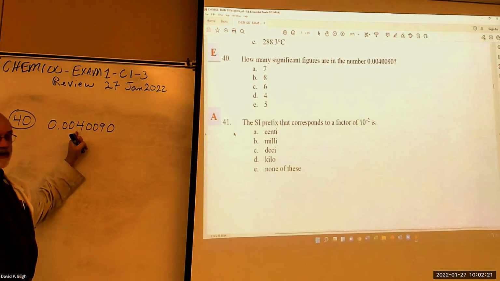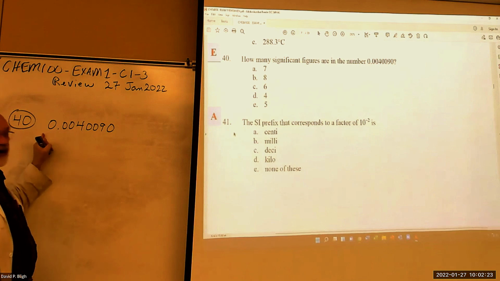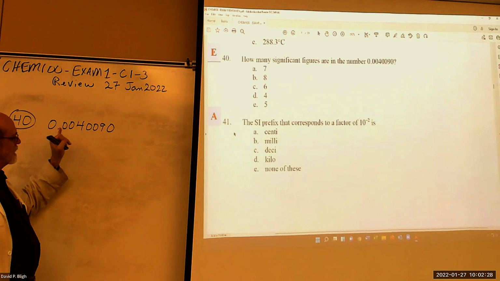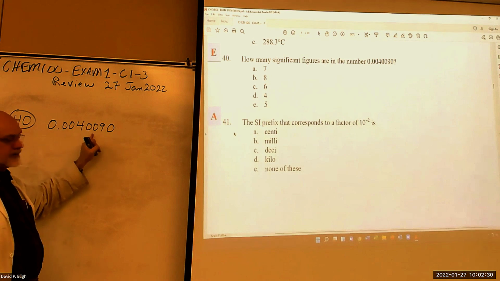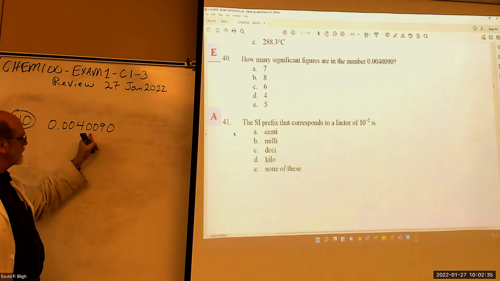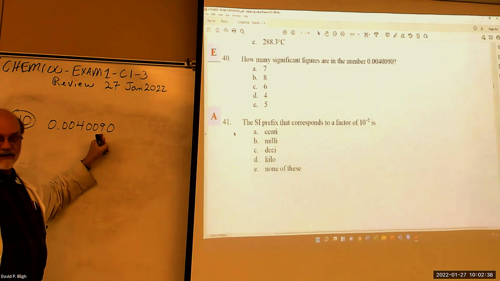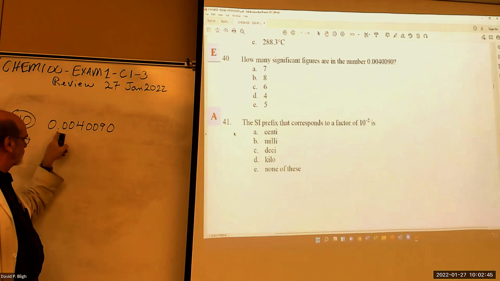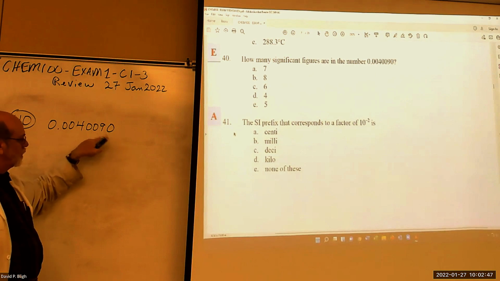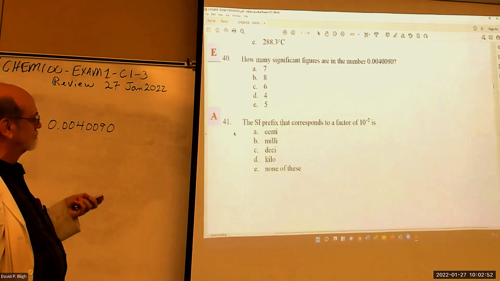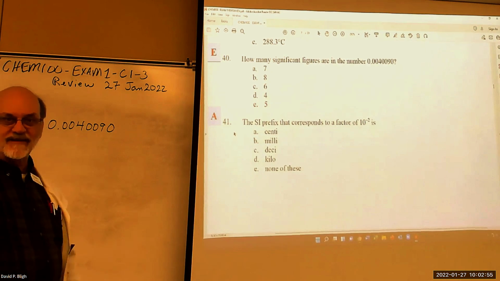Leading zeros are never significant, so those 3 are not. Captive zeros are always significant. They're between 2 non-zero numbers, so they're significant. So we've got 1, 2, 3, 4 so far. And trailing zeros are only significant if there's an explicit decimal in the number. There it is. So 1, 2, 3, 4, 5. 5 significant figures. Okay?